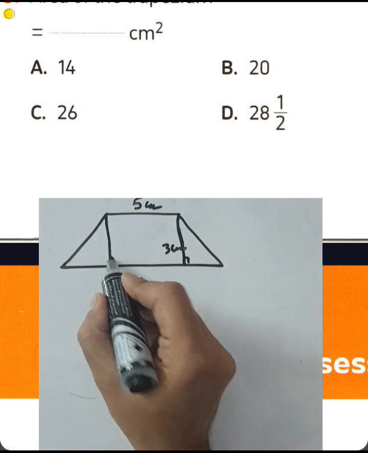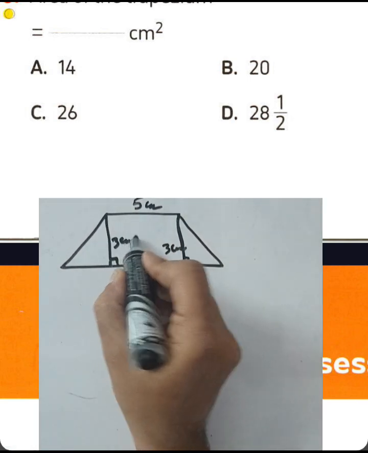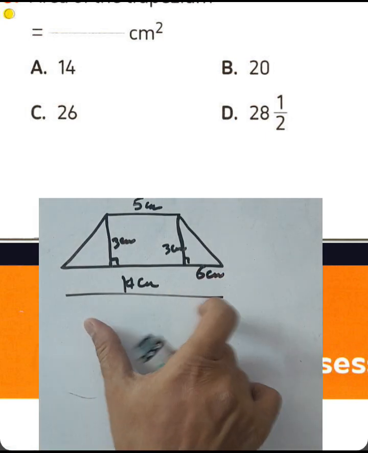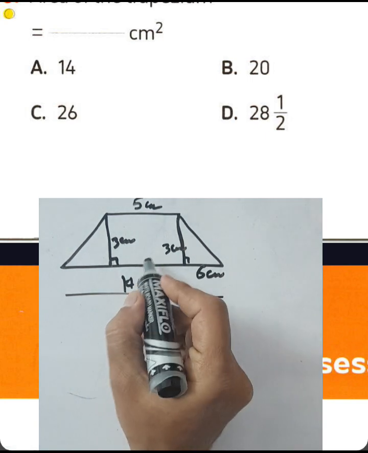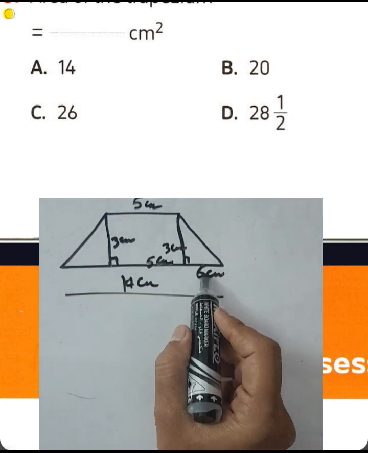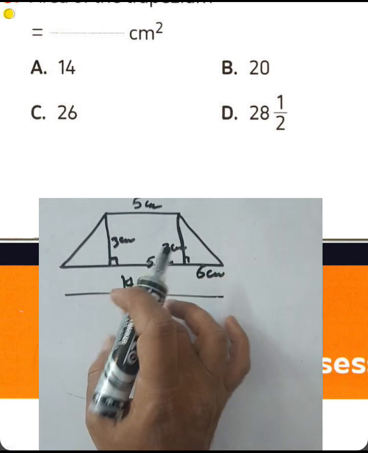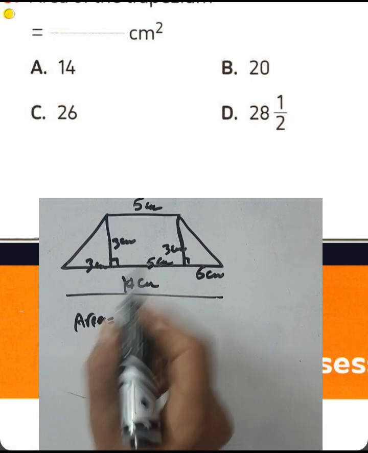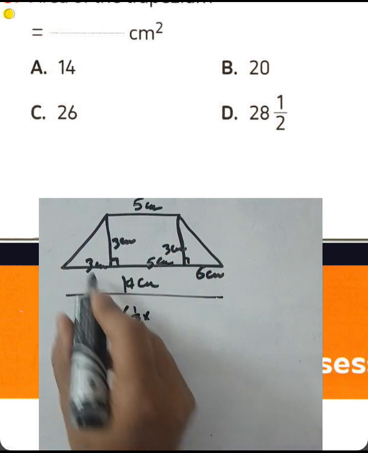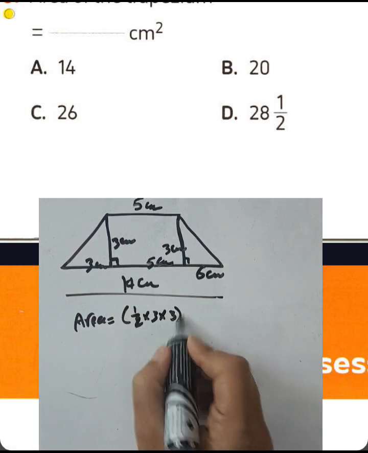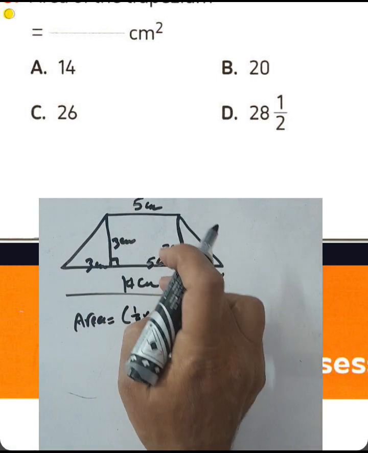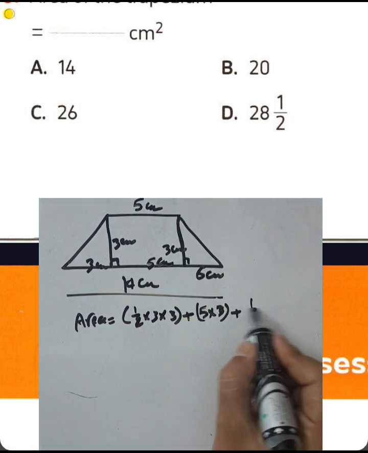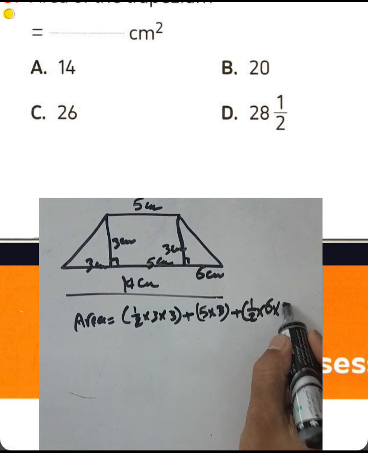Okay, I will solve the example by another method, by dividing this trapezium into 3 parts. First step, the height was 3 centimeters, and 14 subtract 6 equals 8, and this side length was 5 centimeters. 5 plus 6 equals 11. 11 subtracted from 14 is 3 centimeters here. Then we find the area: the rectangle is length times width, 5 times 3, and the triangle is half times base times height.